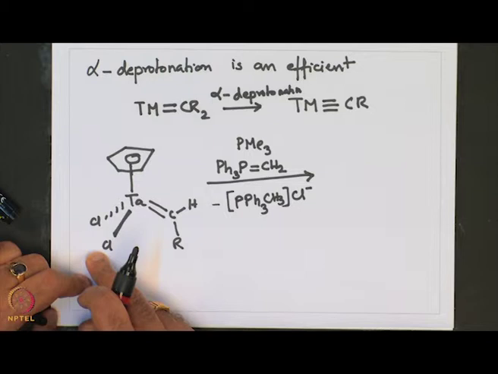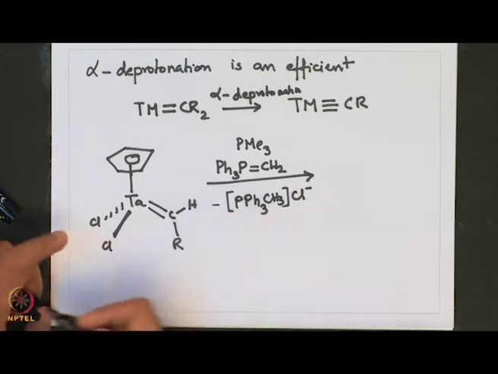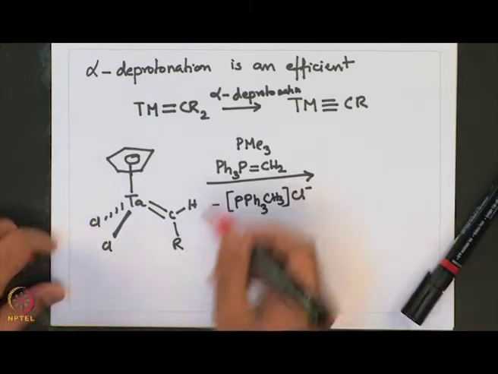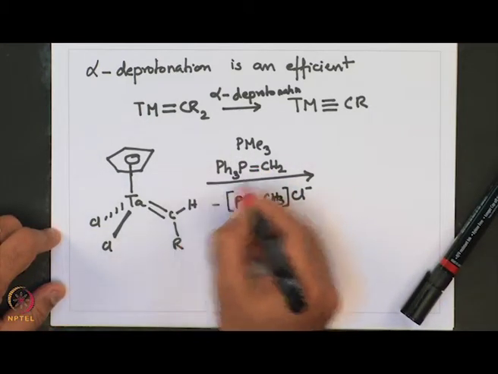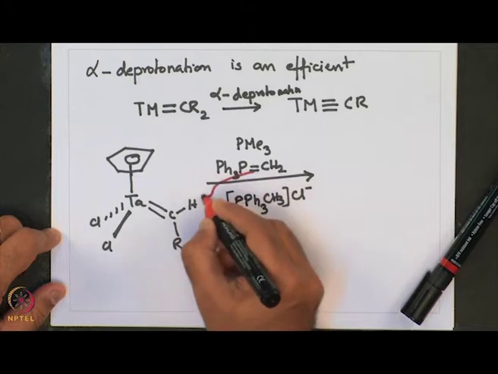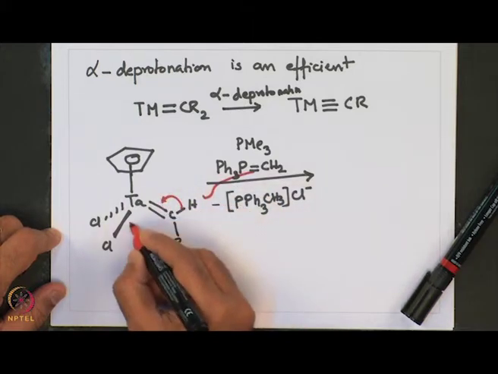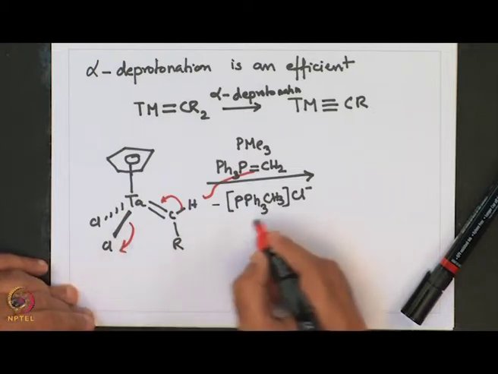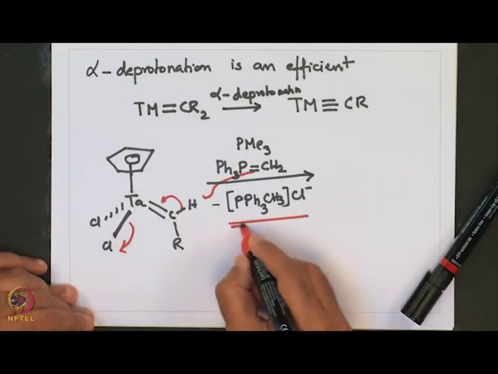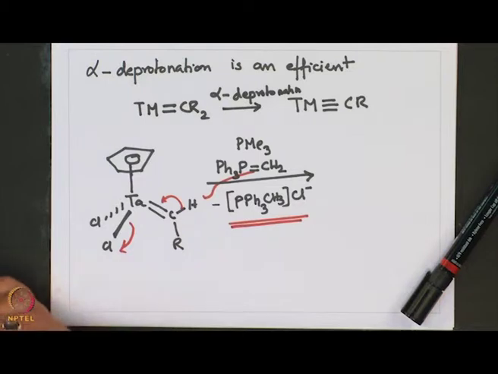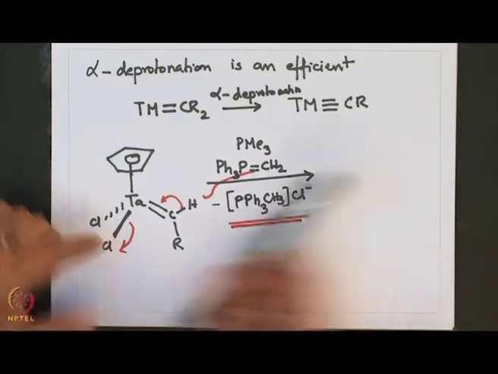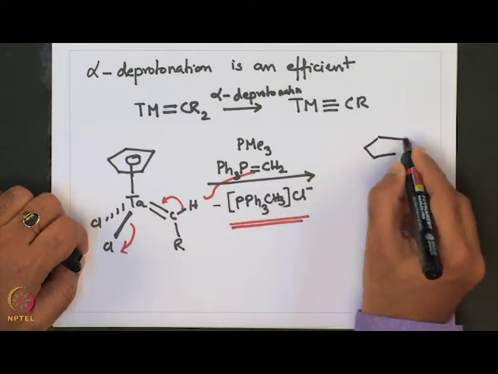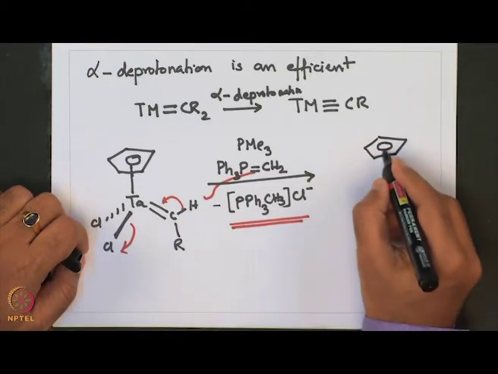This chloride anion is eliminated from here. So, basically this PPh3CH2 abstracts this proton with the elimination of the chloride to give this PPh3CH3 chloride salt, and along with that the carbyne complex is formed as shown over here.